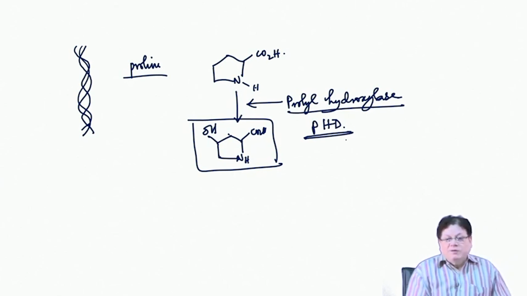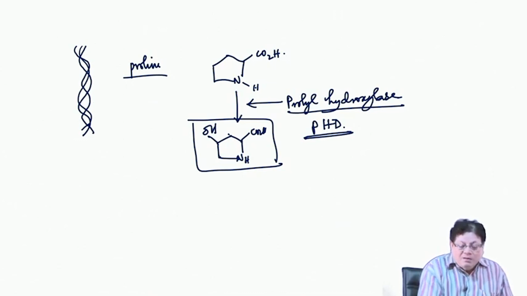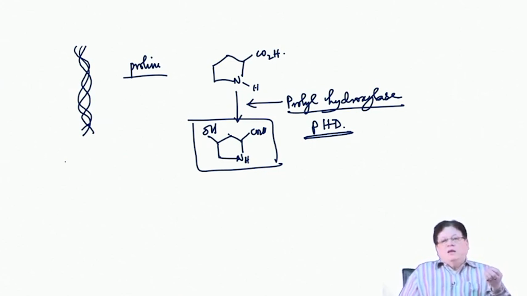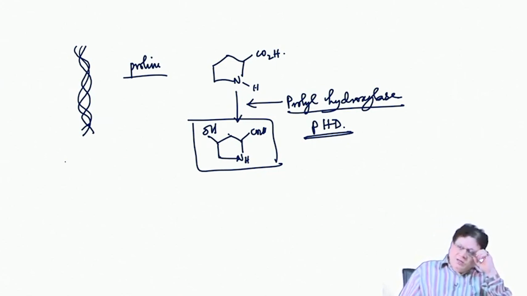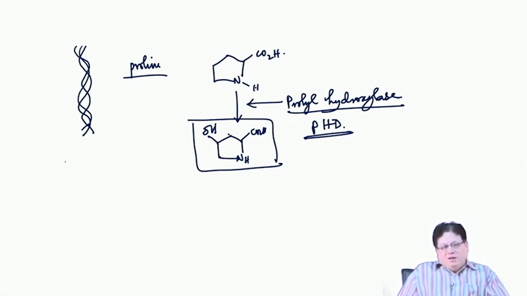It is a very important enzyme, because that hydroxylation gives the 4-hydroxyproline that is present in collagen. That means in collagen the proline, which is a natural protein amino acid, is further hydroxylated to form 4-hydroxyproline.